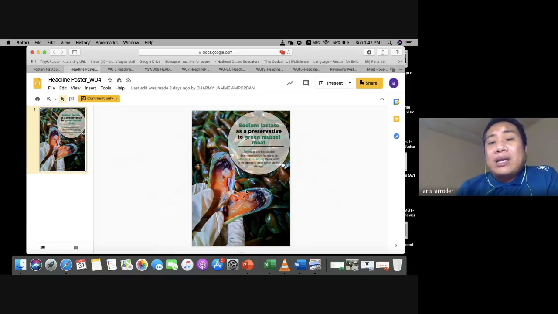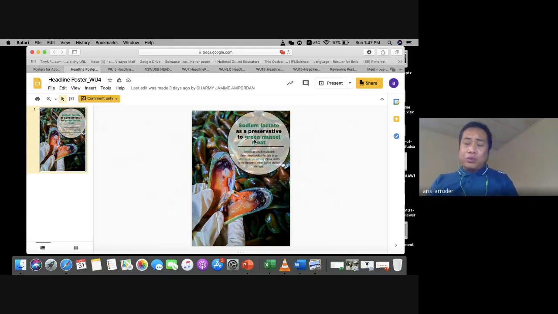Maganda yung pagkakalagay nila dito ng poster nila na gumamit sila ng they use the tahong meat, and then ayan, and then it would encourage the participants to read more, because when posters are displayed, unlike this time that it is virtual, when posters are displayed side by side with each other, the first thing that would capture the attention of the audience would be the picture.